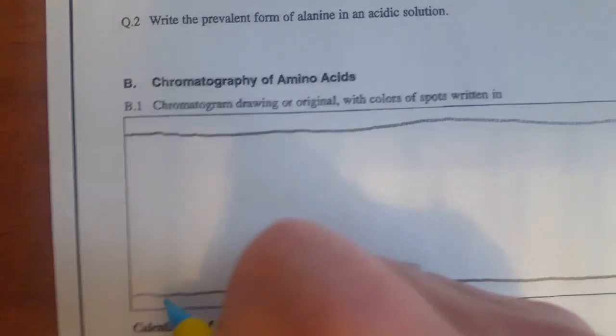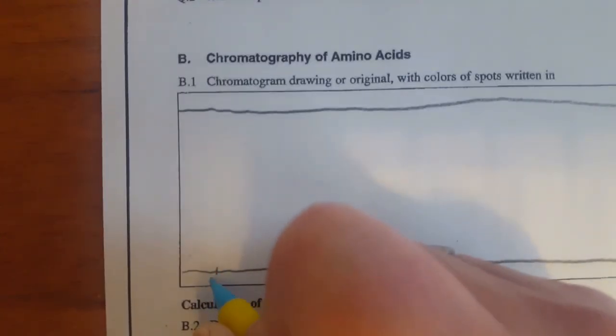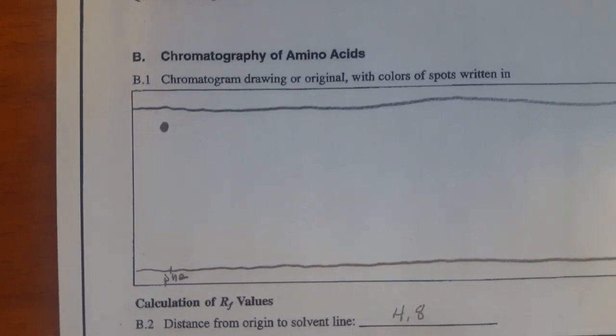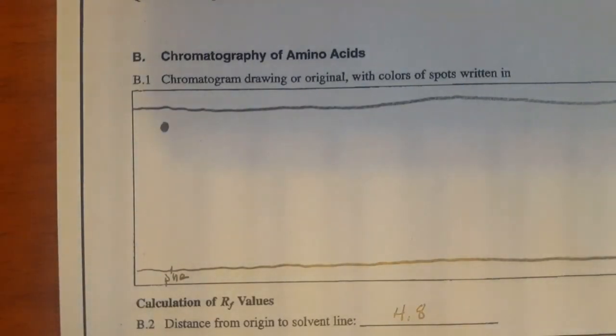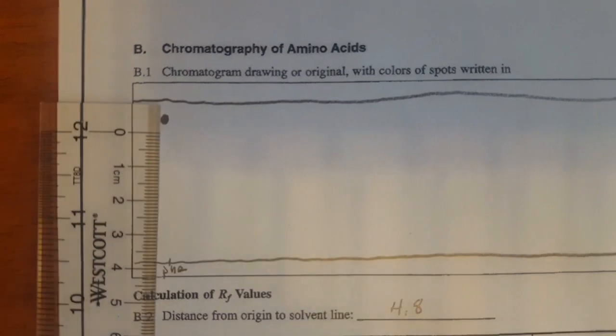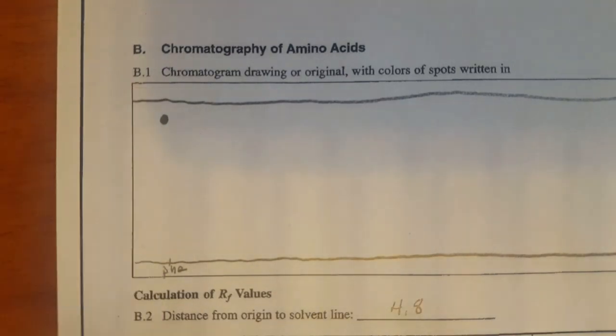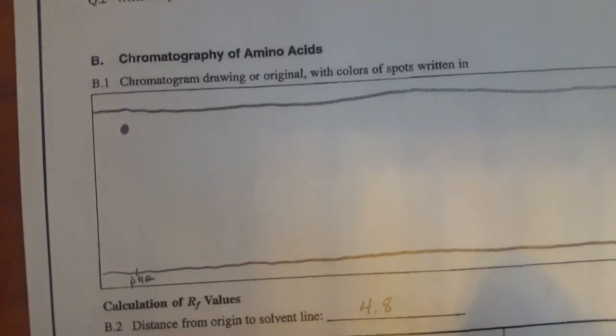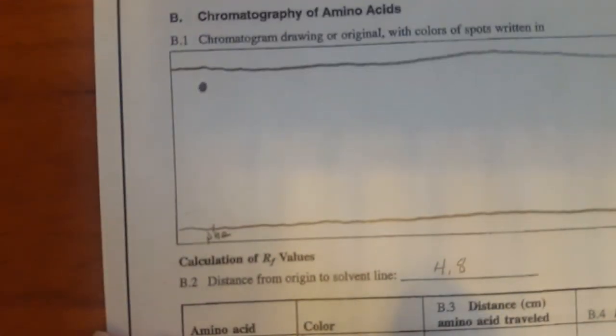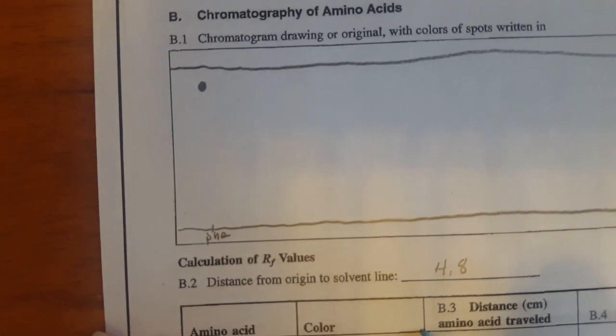4.8. And then for phenylalanine, which moved almost to the top, you're going to measure that. And in this case, that's going to be about 4.3. So right here, you write 4.3. This color box, we're going to X out.